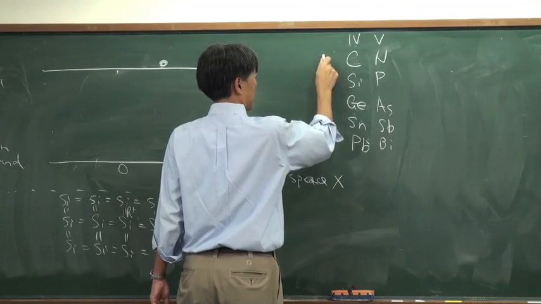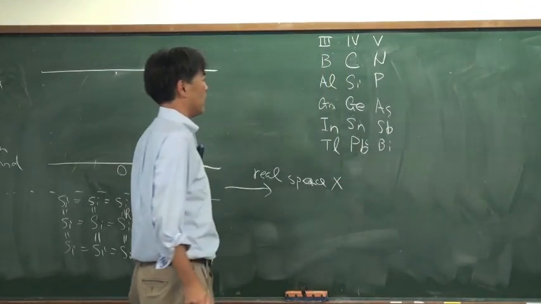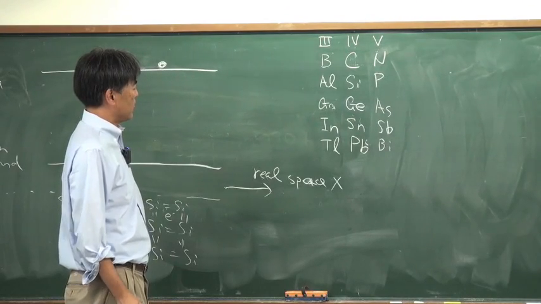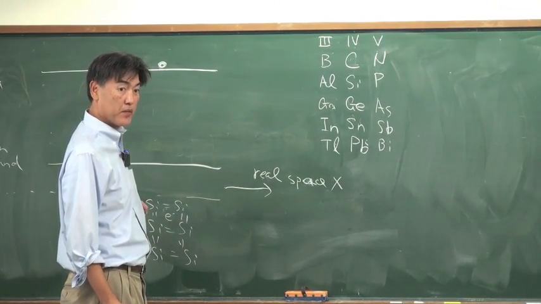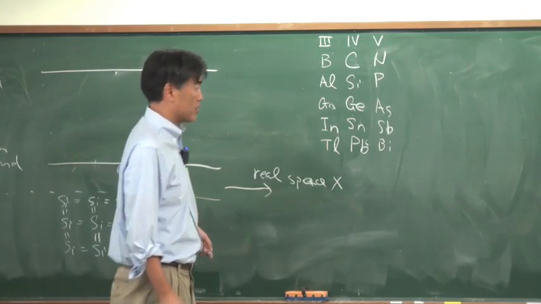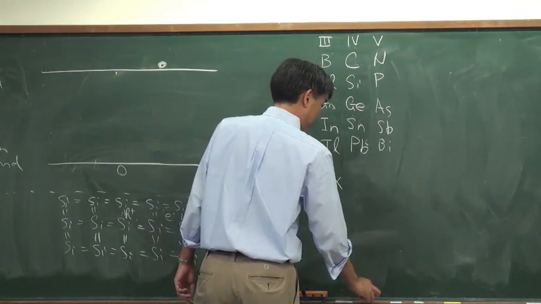And we have here boron, group 3. Okay, so the trick is that to increase the conductivity of silicon, there are two things we can do.